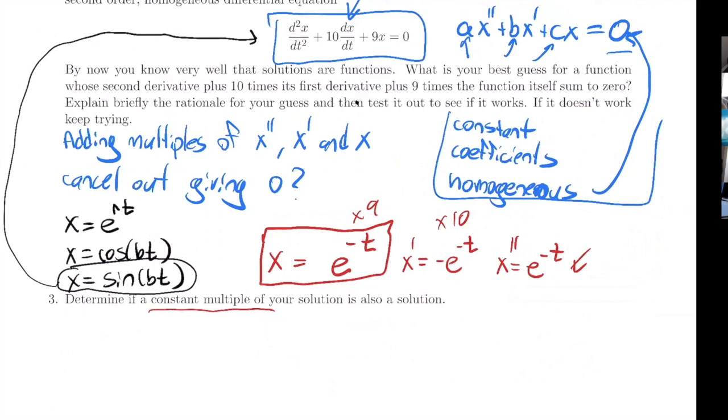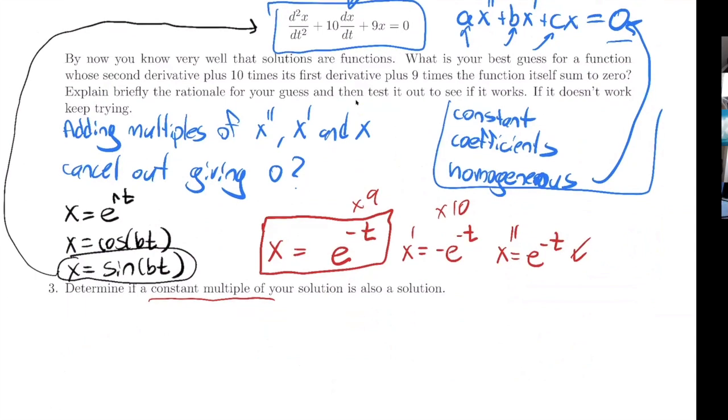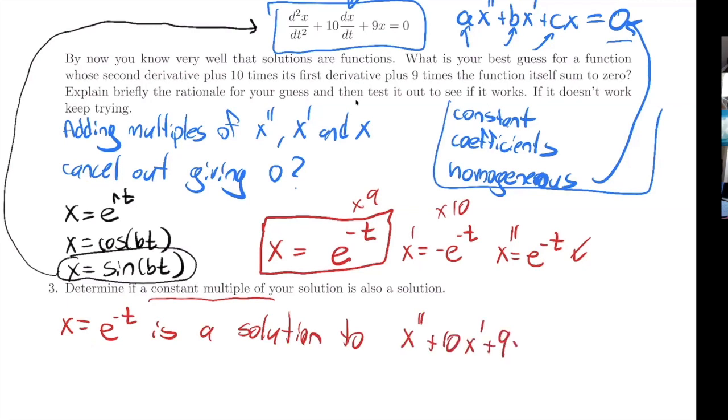So one thing to note here is we should expect some arbitrary constant in our solution. And so what we see is x equals e to the minus t is a solution to that differential equation.